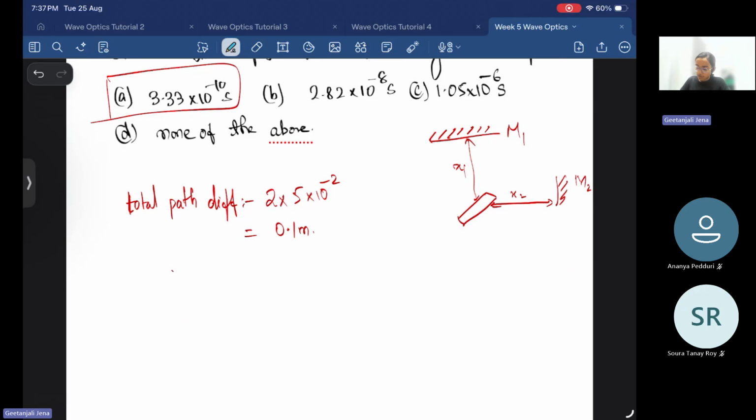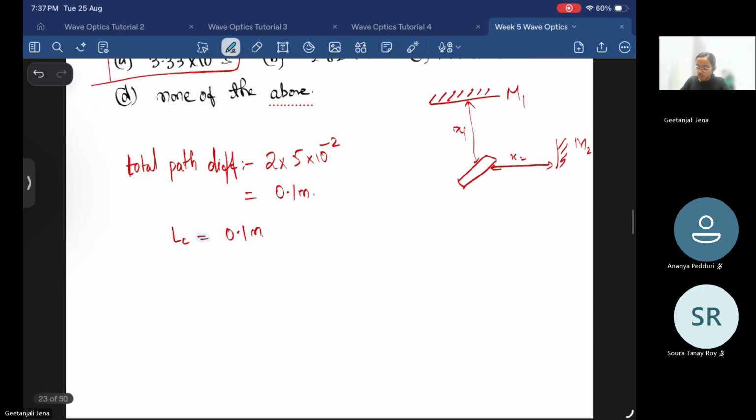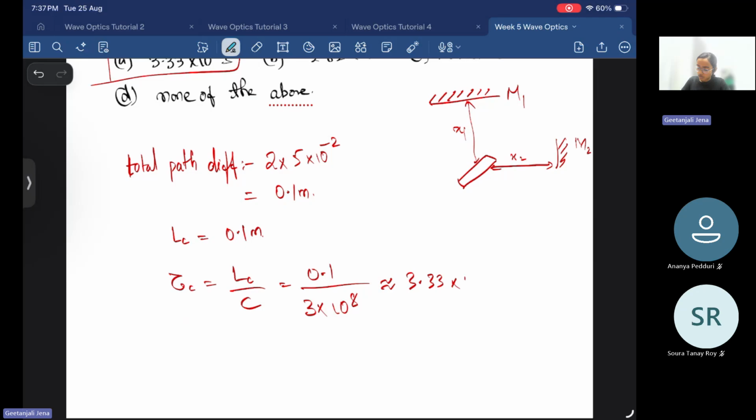So that means the coherence length LC is 0.1 meter. So we know the coherence length. So coherence time is LC by C. So 0.1 over 3 into 10 to the power 8, which would be 3.33 into 10 to the minus 10 second.